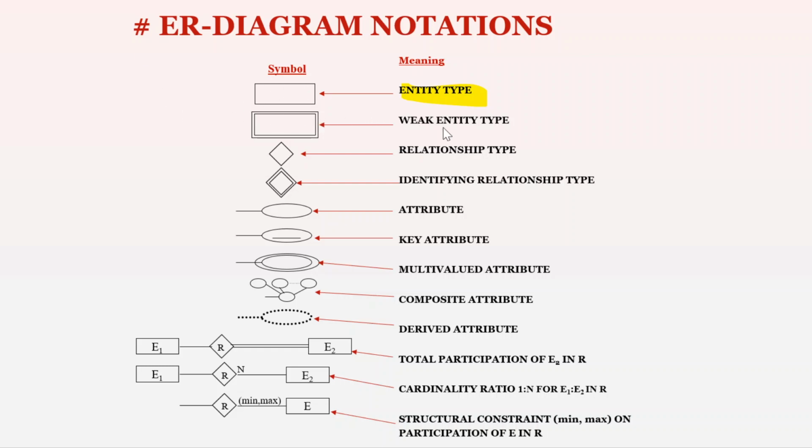The weak entity type, as we have already covered, is represented using the double rectangle box. In the same way, the relationship of a weak entity is represented by the double diamond box, and the simple relationship of strong entities is represented by a simple diamond box.